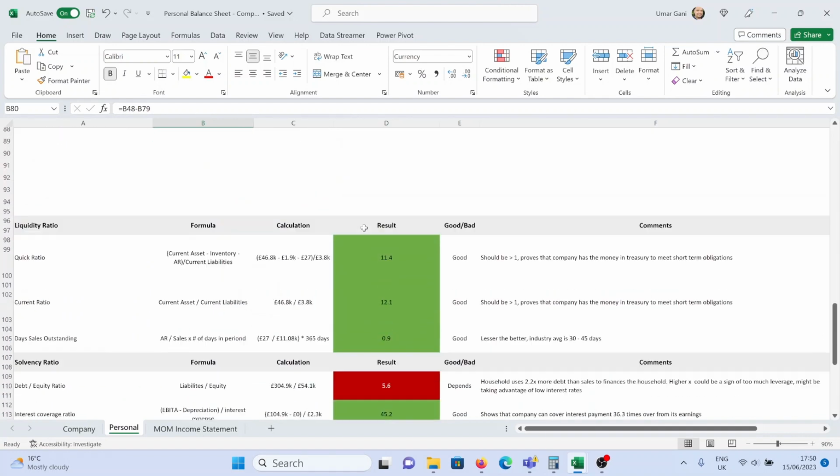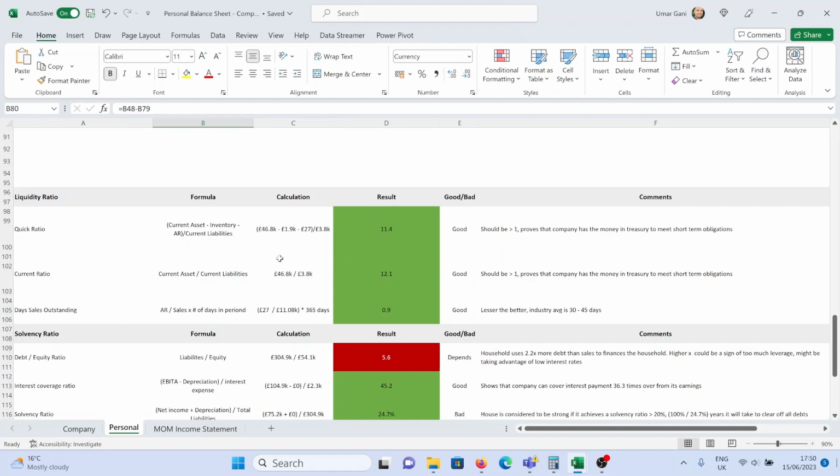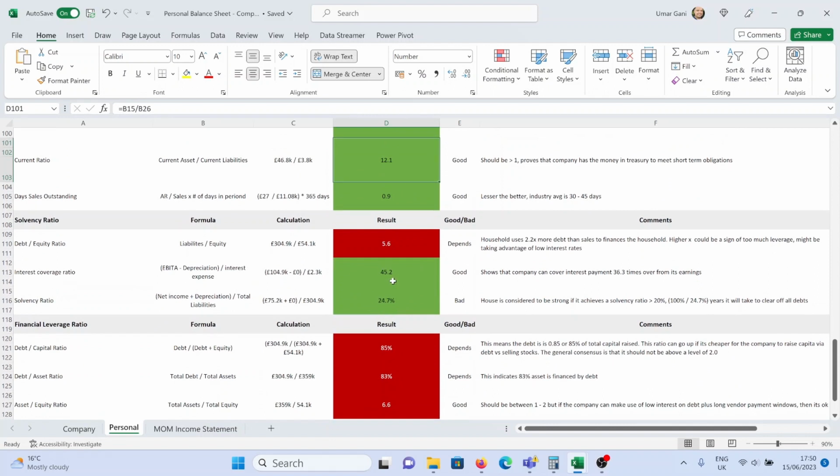So likewise, I've built different ratios, as I explained, using the same concept to see how well I'm running my personal financial health. I put those here, marked some red. Probably I might have to do some work to make this green. The same concept applies here.